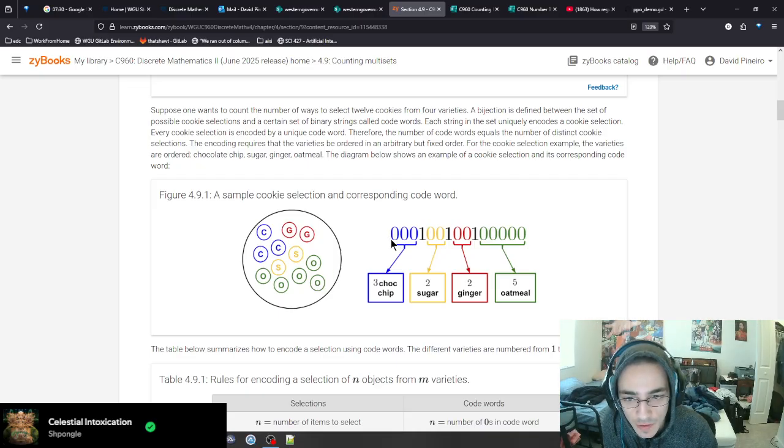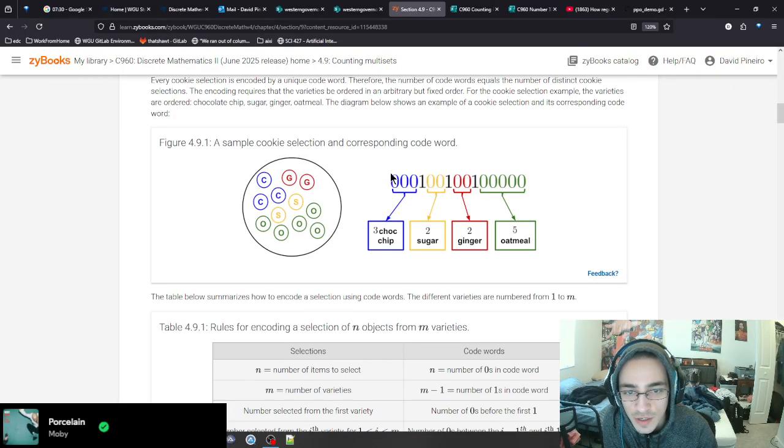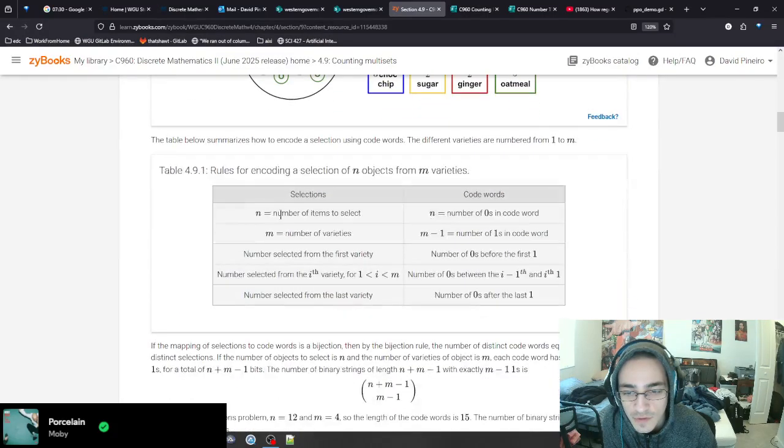You kind of just put as many bits for each category as you can have. And then if you have 3 chocolate chip, I would like to say that's 111, but they put 000. And they put a 1 to delimit the code word. What if you didn't even put a 1? You're just counting them, it doesn't matter.